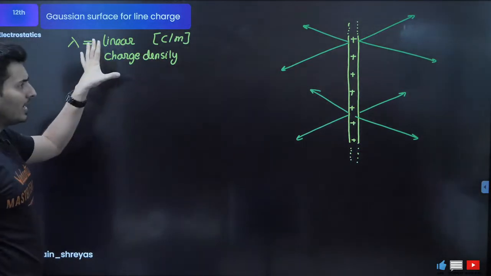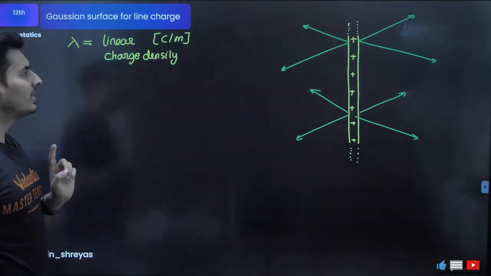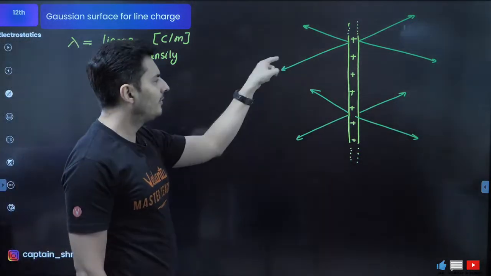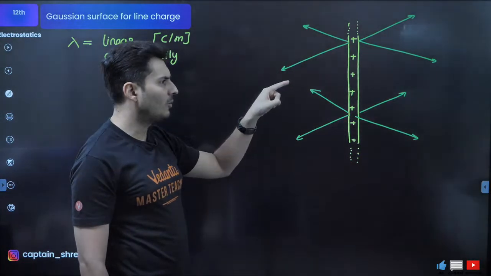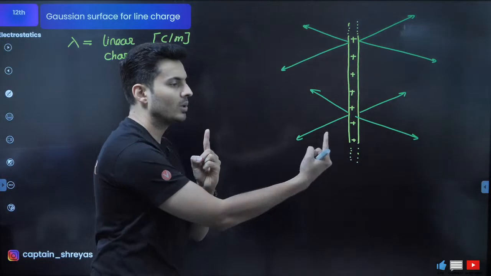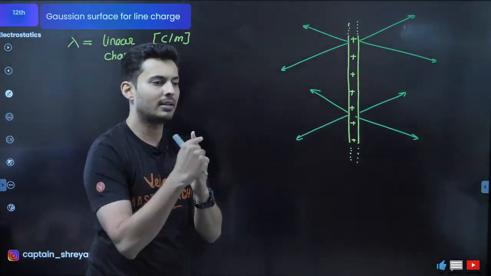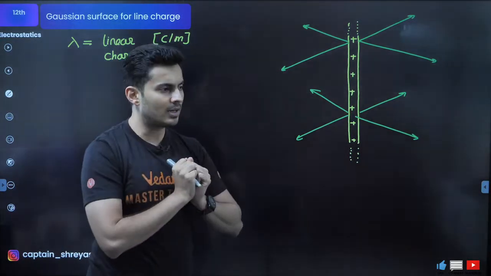Now, once I know that lambda is how much charge there is per unit meter, the only thing left is how to calculate the field at any distance r. At distance r, no matter which side I go, the field is the same in intensity; only the directions are different.